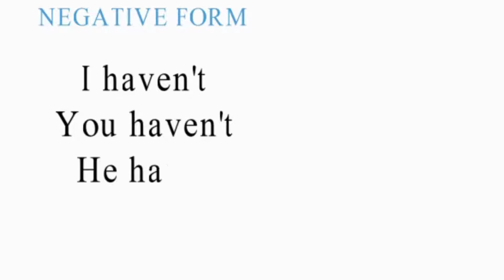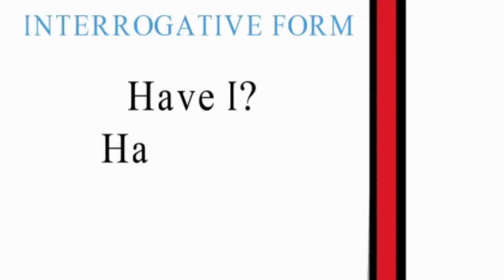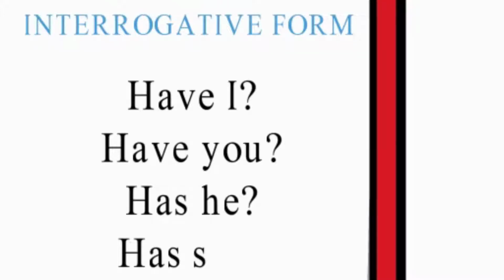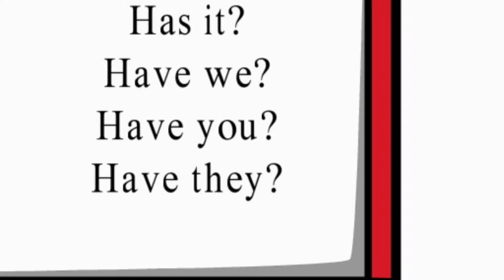The negative form: I haven't, you haven't, he hasn't, she hasn't, it hasn't, we haven't, you haven't, they haven't. Interrogative form: Have I, have you, has he, has she, has it, have we, have you, have they.